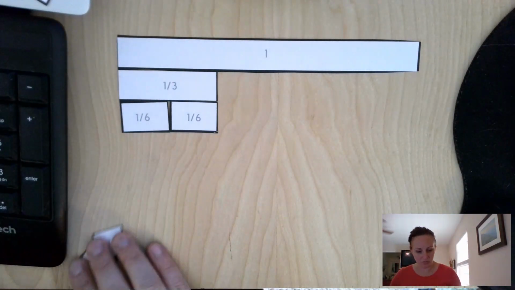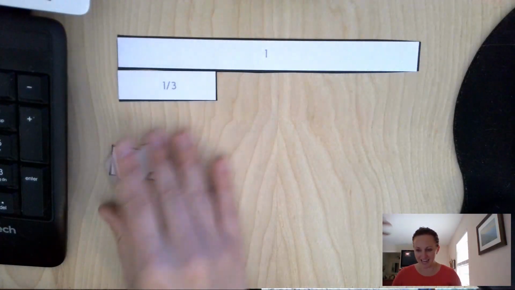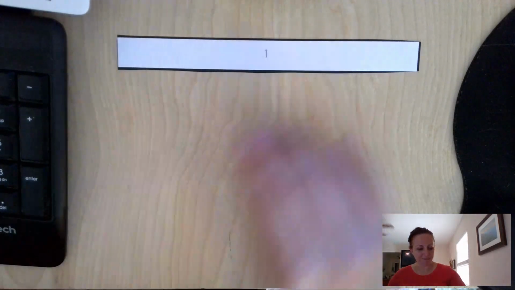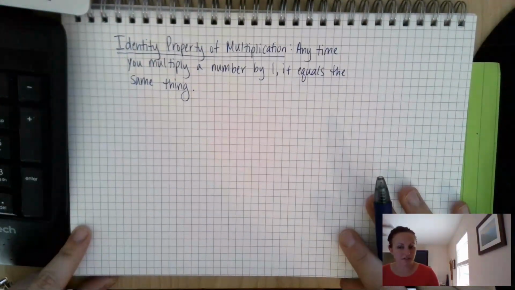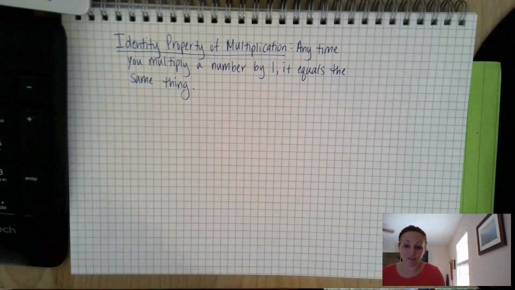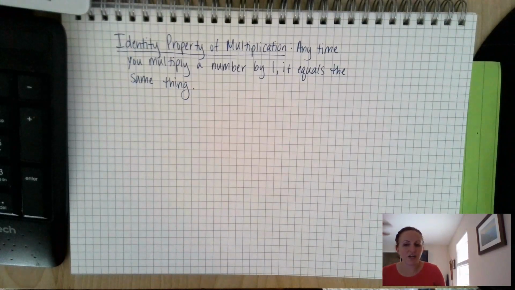I'm trying to keep my little fraction strips organized as I'm making all of these videos here. All righty, so let me get my paper. Now on here I have a definition that you actually learned back in 3rd grade, but we did review it in 4th grade as well. This is the identity property of multiplication.